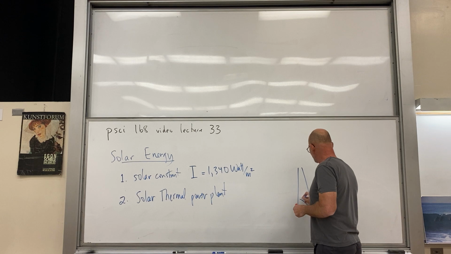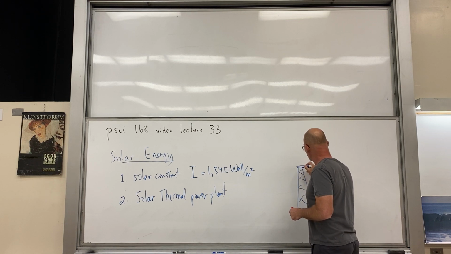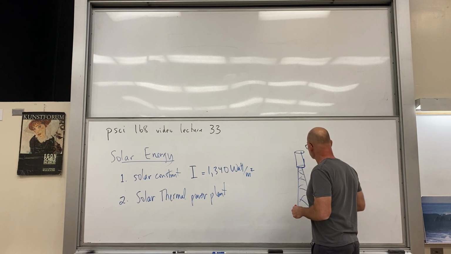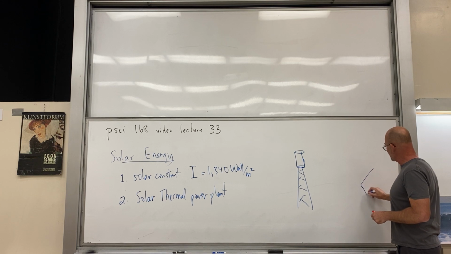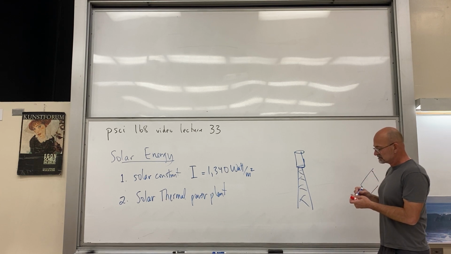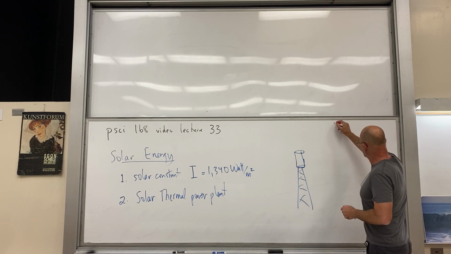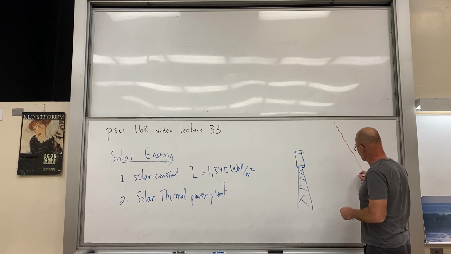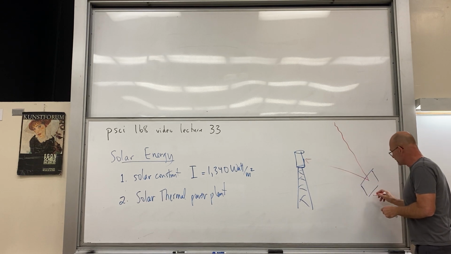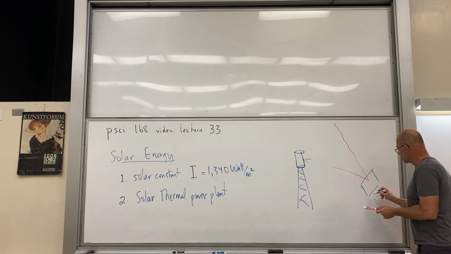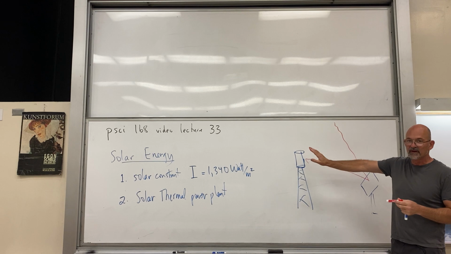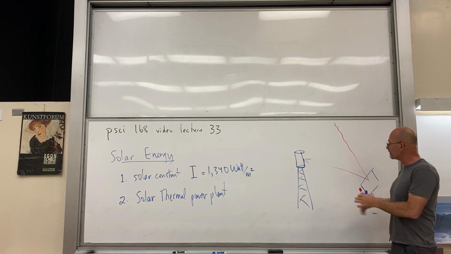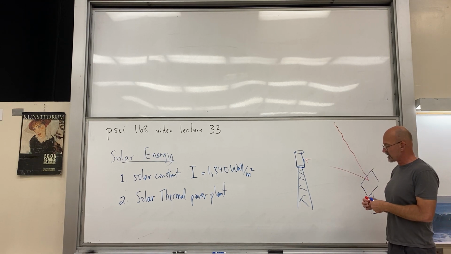Once again, we've got this tower, and it's got this cylinder on top. The sunlight is reflected by a mirror. Here we'll make the sunlight red. This mirror tracks the sun and always reflects the sunlight onto the solar tower. And you got to see that there are just hundreds of them in one of those fields of mirrors in the solar thermal power plant.